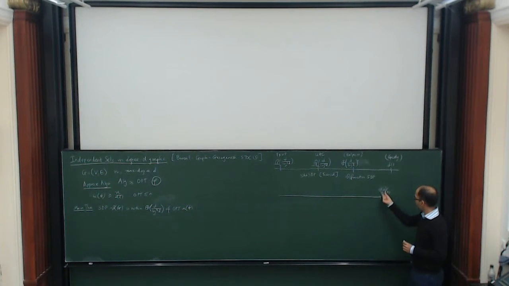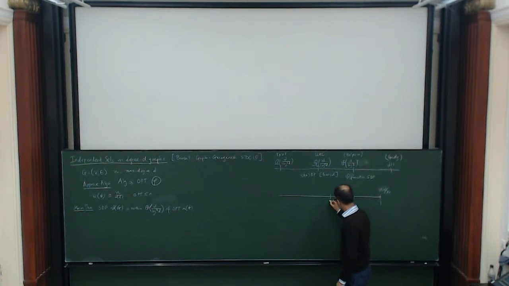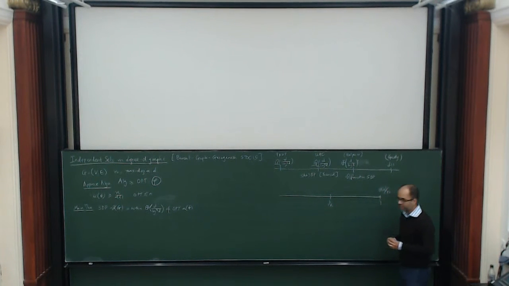How much does the theta function say? Whatever this theta function is, it's just some approximation to the independent set size. What does it say divided by n? It could say it's 1, and it could say the value is very small. Now, here's what I'm going to say. Suppose the theta function says that the independent set size is n over k.